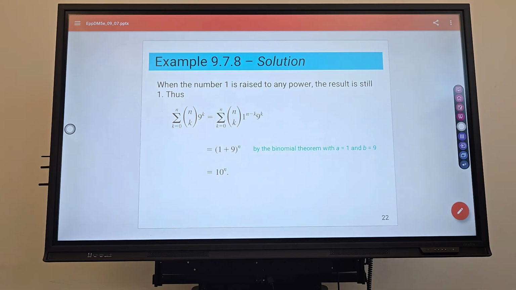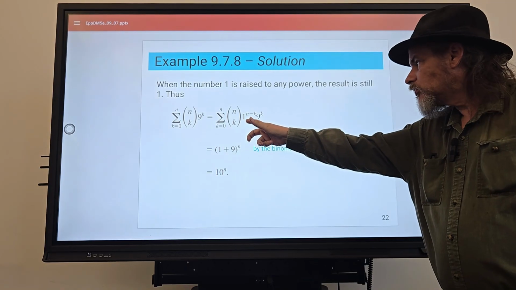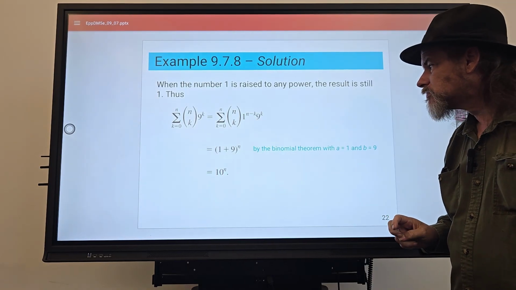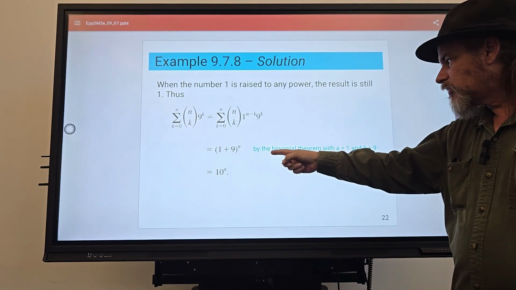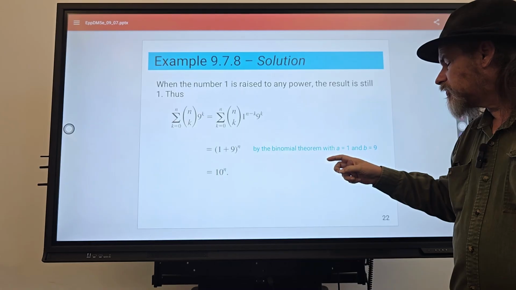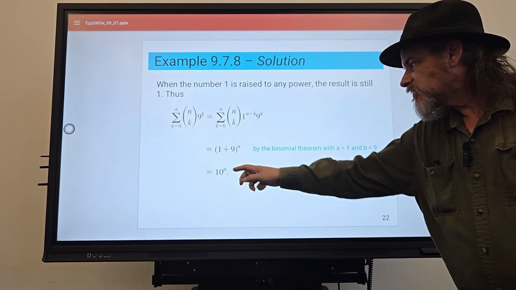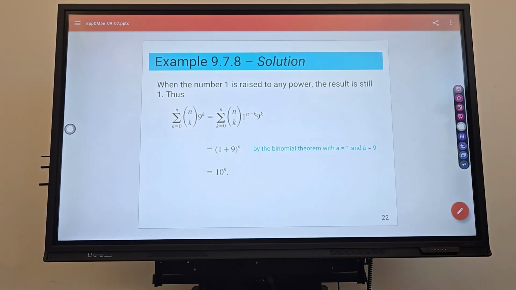So the summation of k from 0 to n of n choose k, 9 to the k, is equal to this here with the added term 1 to the n minus k, which by the binomial theorem, where a equals 1 and b equals 9, makes it 10 to the n, simply.